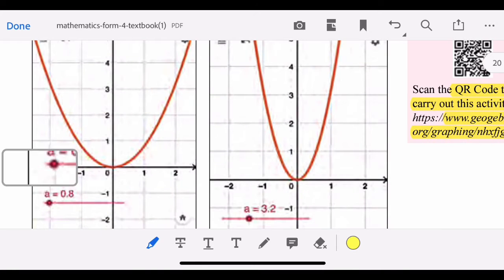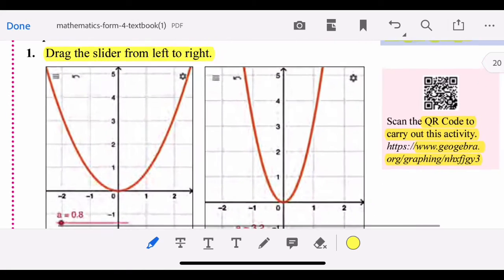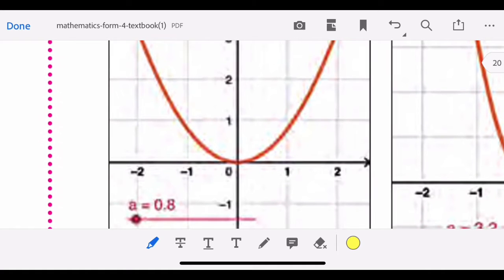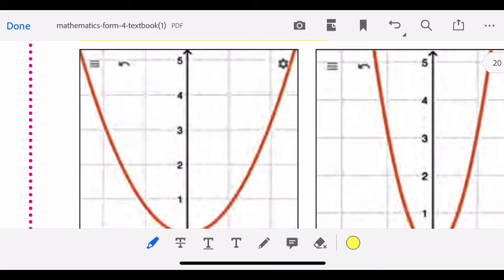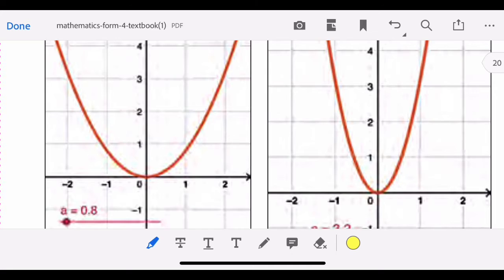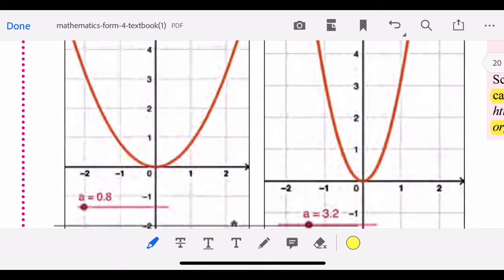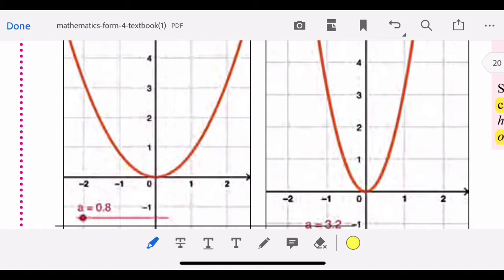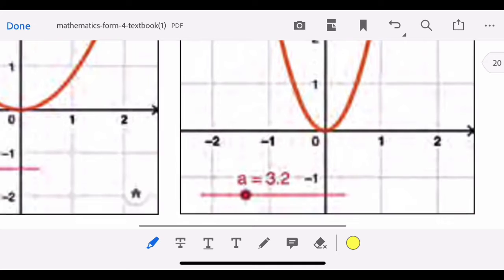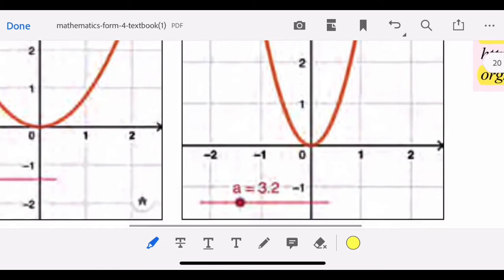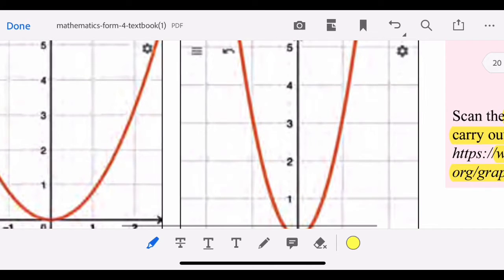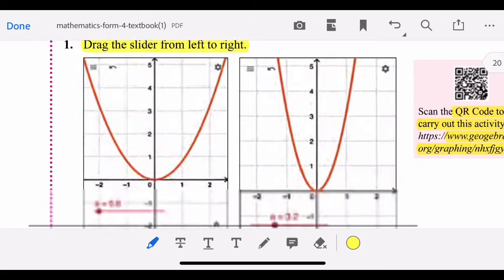This is the slider. And then you will observe if the a is 0.8, the curve is wider in terms of the shape. If the a is smaller, the shape of the quadratic function is open wider, whereas if the a is bigger, when you drag to the right, 3.2 is a bigger number, the shape of the quadratic function will be narrow.